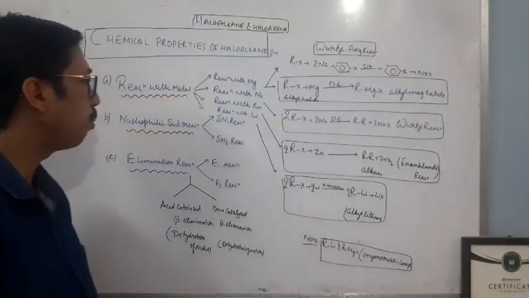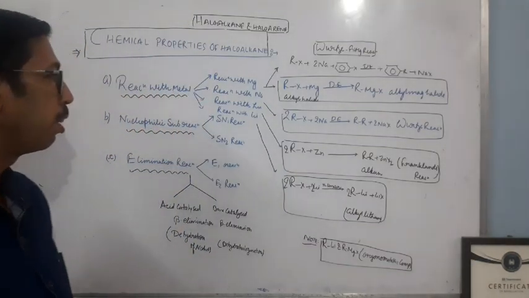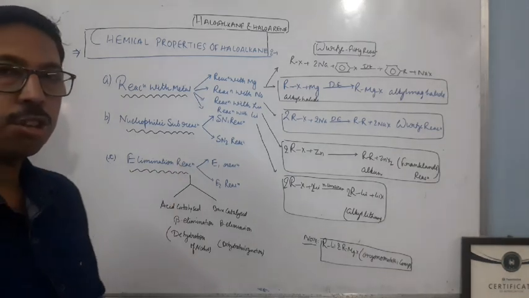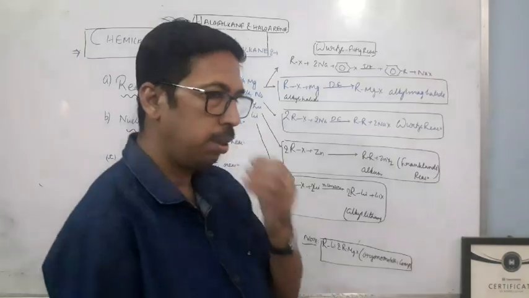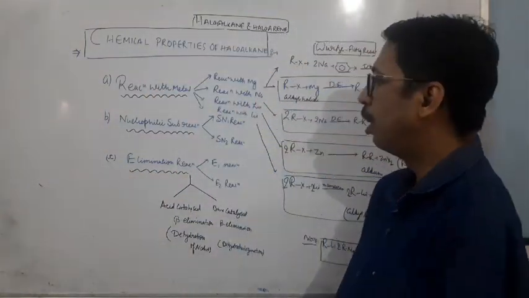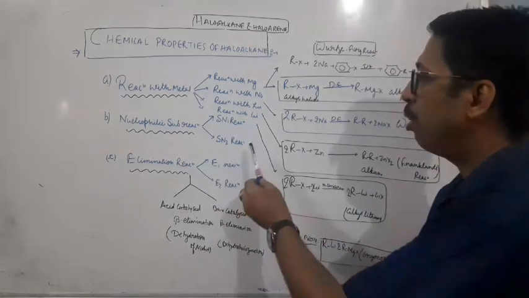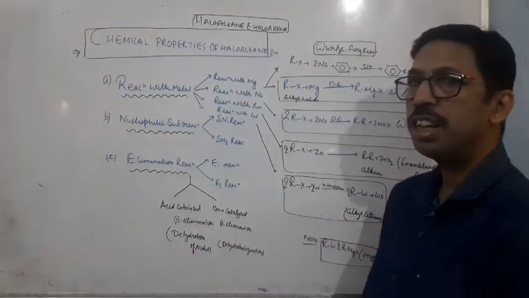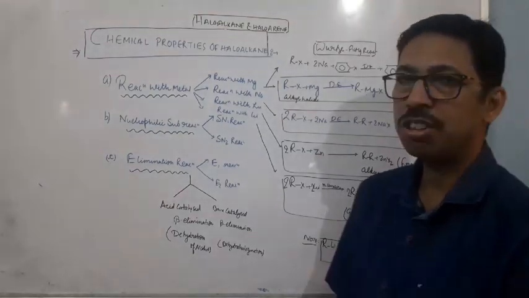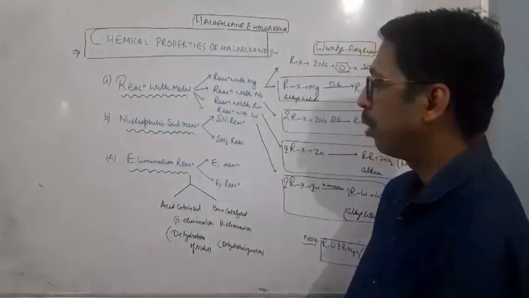And now some other chemical reactions which are shown by haloalkane. Nucleophilic substitution reaction. Nucleophilic substitution reaction is further classified into two categories, SN1 reaction and SN2 reaction. We will discuss all these reactions in detail in our upcoming classes.